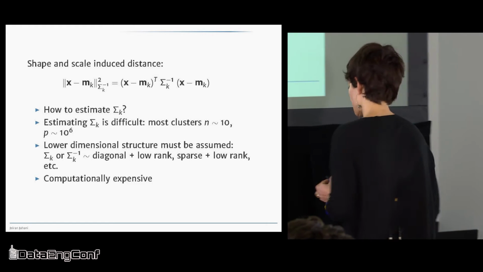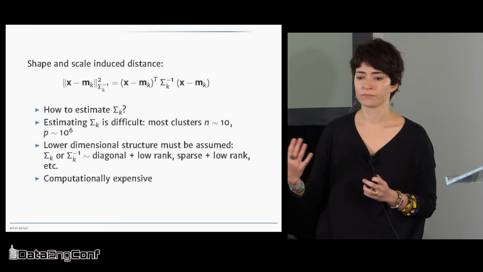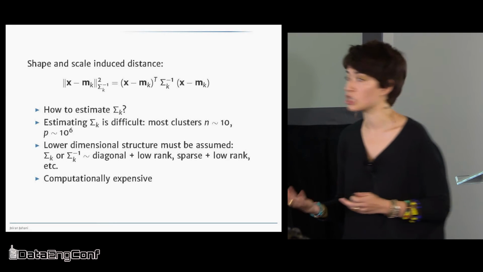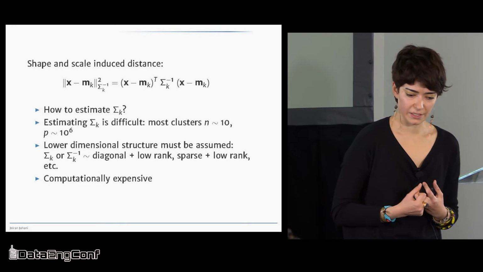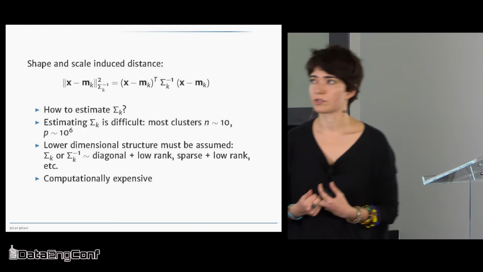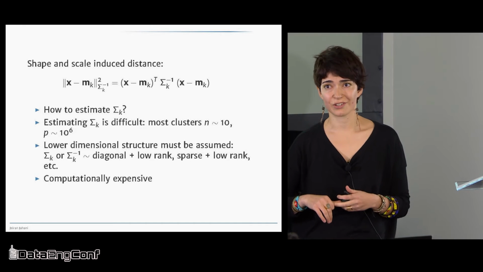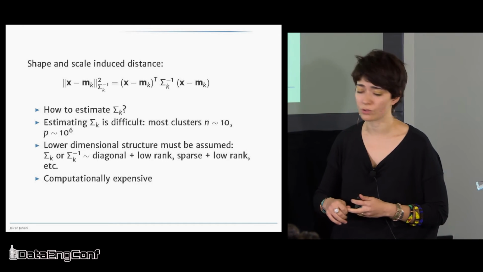Cluster covariance, or just the covariance matrix of a bunch of points, is what can capture both cluster scale and shape at the same time. But how to estimate it, to come up with your sample covariance matrix here, we're in a dangerous regime. The average number of articles per cluster is about 10. The dimensionality of the feature space, order of millions, as I told you.